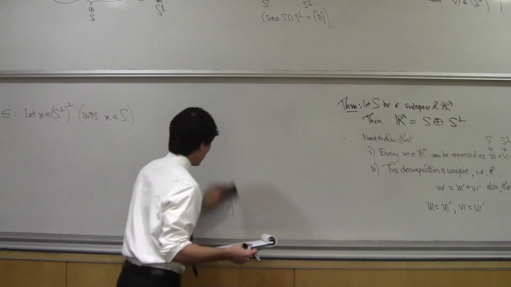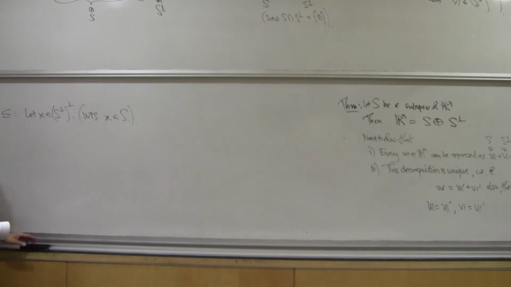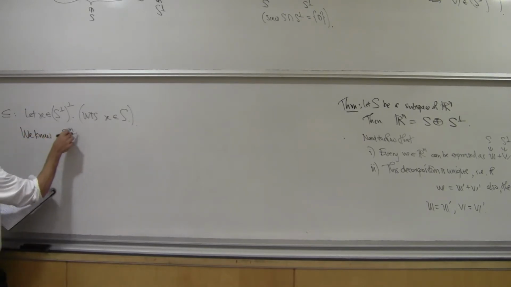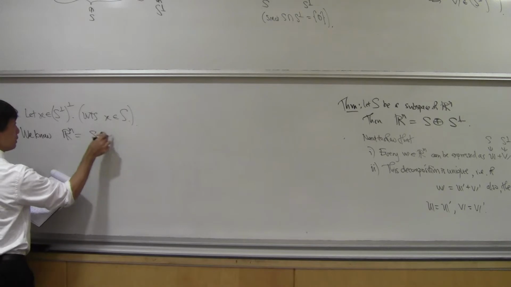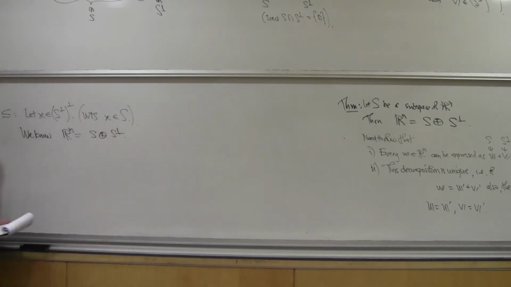This direction turns out to be a little bit trickier, and what you use is actually the direct sum that we just proved. We know that Rn can be written as S direct sum S perp.